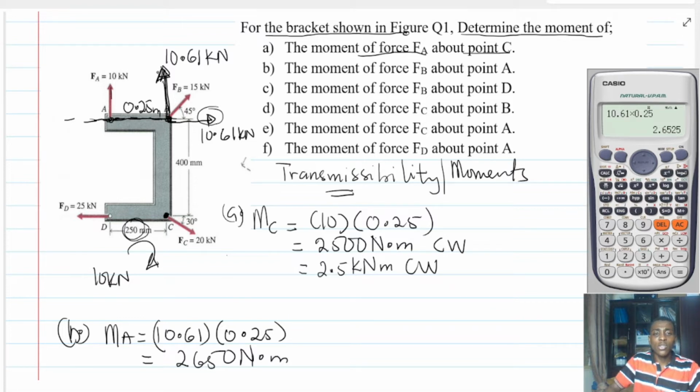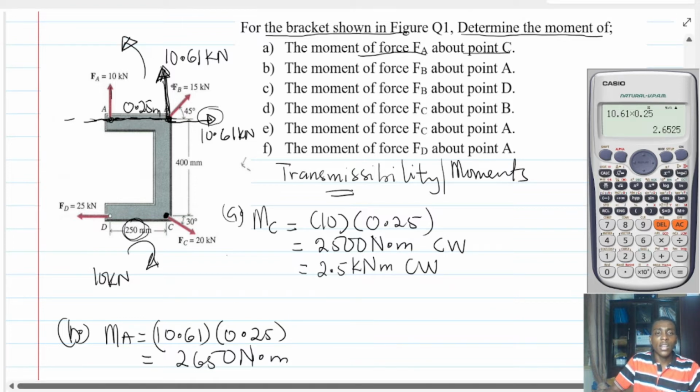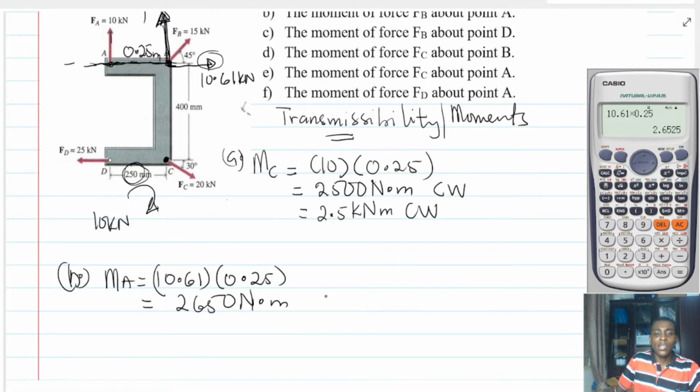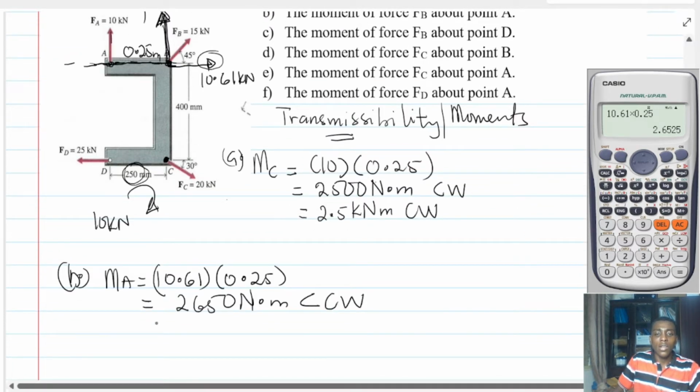And in fact, this moment is going to go in this sense, and that sense is counterclockwise or anticlockwise, which is the same as 2.65 kilonewton meter, counterclockwise. We can also write clockwise as this, and we can also write counterclockwise as that.